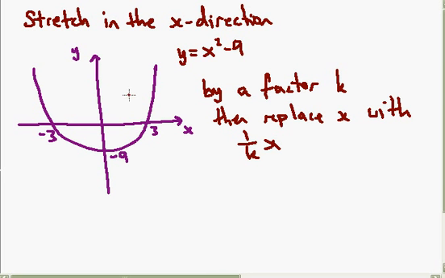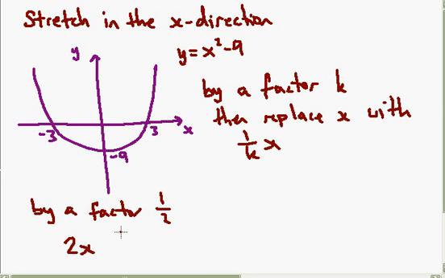So say I was going to look at this graph in particular, and I was going to stretch it in the x direction by a factor of, I don't know, a half. Then I'm going to replace x with 1 over a half x. So in other words, replace it with 2x.